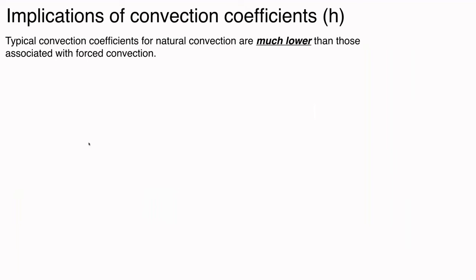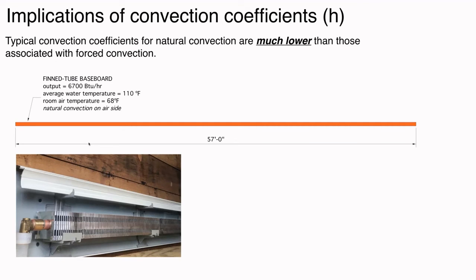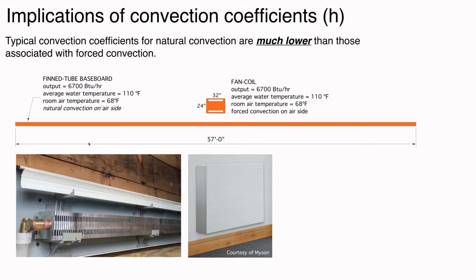Now, typical convection coefficients, I've mentioned already, natural convection is a much weaker phenomenon in terms of encouraging good heat transfer compared to forced convection. And here's an example where I compared a fan coil that is supplied with an average water temperature of 110 degrees Fahrenheit in a room that's at 68 degrees.